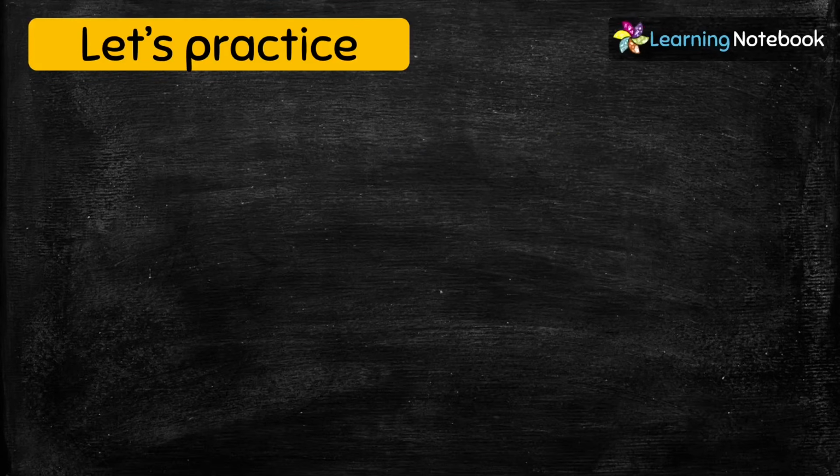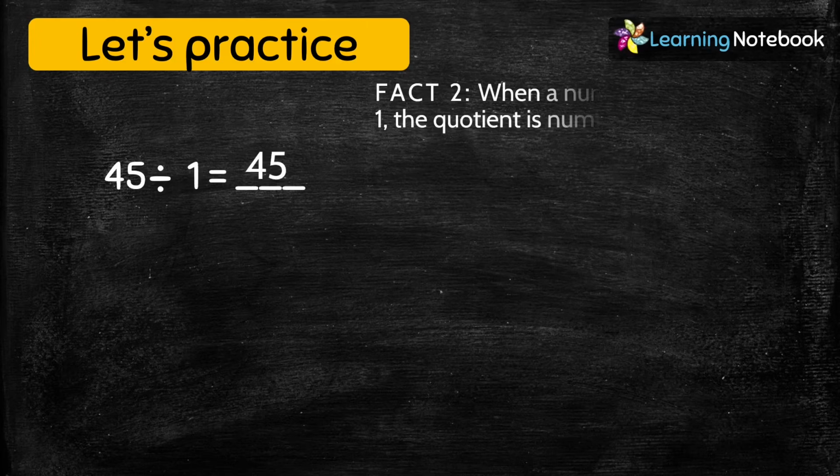Now let's do some questions based on these division facts. First is 45 divided by 1 equals dash. So here the answer is 45 because we learned when a number is divided by 1, the quotient is the number itself.